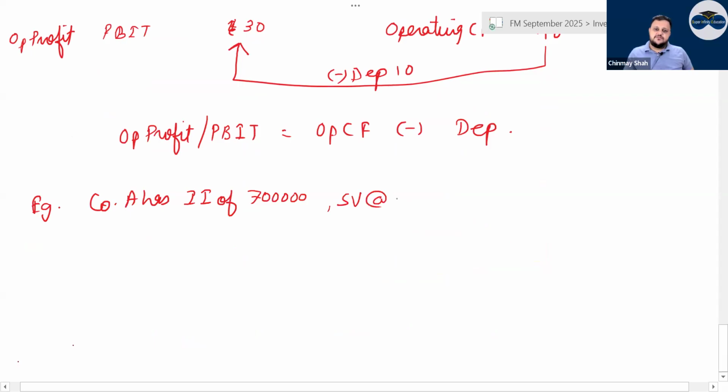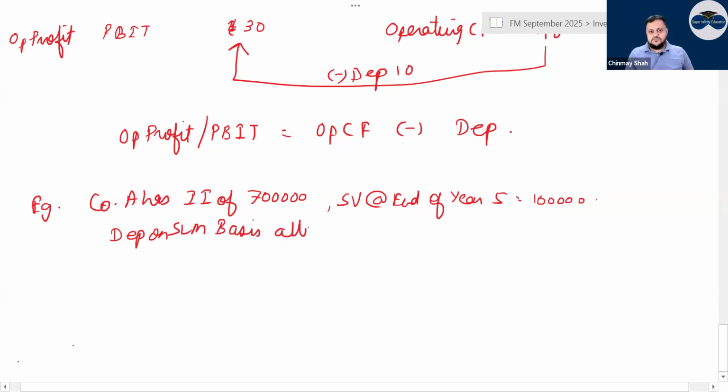Scrap value at the end of year 5 is 100,000. Depreciation on SLM basis is allowed. Following other details.